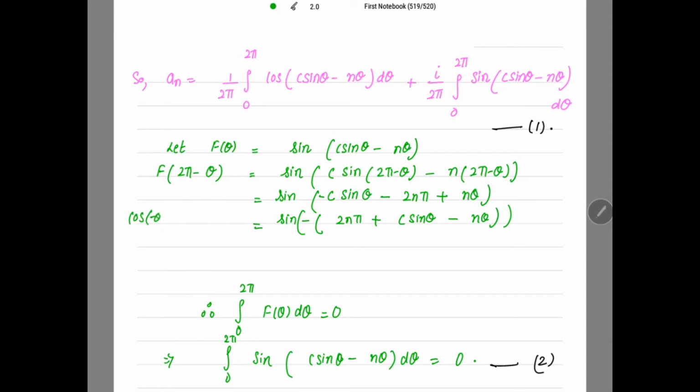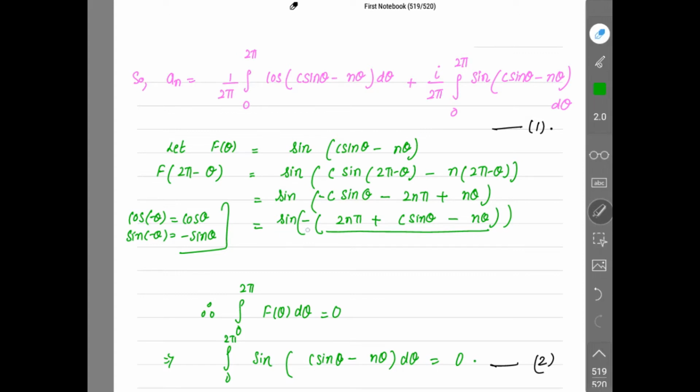If you have cos of minus theta, this will be cos of theta. If you have sine of minus theta, this will be minus sine of theta. So here I am having sine of minus this whole angle, right? So this will be minus of sine of this whole one. Is it clear? So I am taking this to be minus of sine of 2n pi plus c sine theta minus n theta.